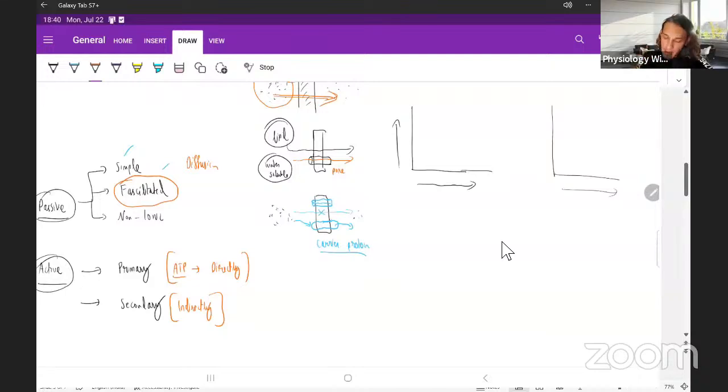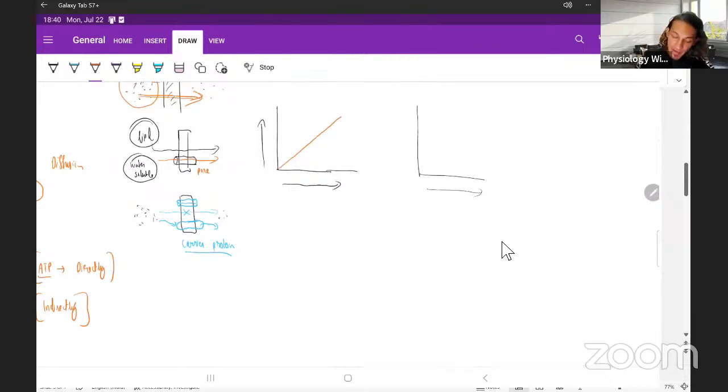In simple diffusion, as the concentration gradient increases, the rate of flow keeps increasing. On the other hand, for facilitated diffusion, when the concentration gradient increases, the rate of flow increases up to a limit, after which it cannot increase further.